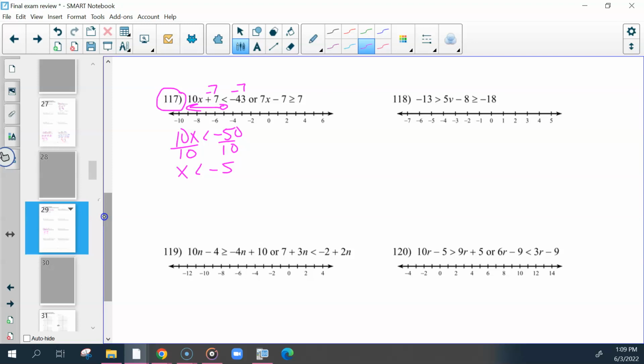On the other side, we would need to add 7 to both sides. So we have 7x is greater than or equal to 14. Divide both sides by 7. So that x is greater than or equal to 2. That would be a closed circle at 2 going to the right.